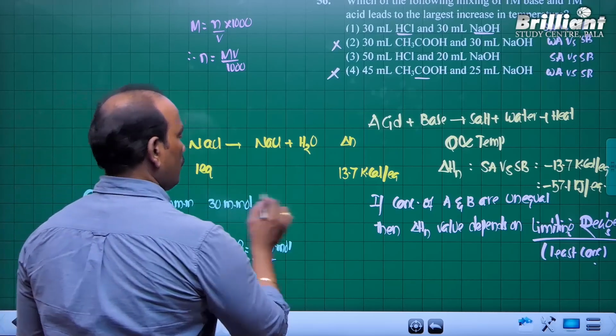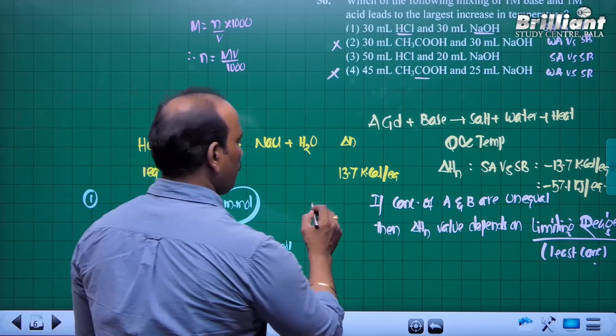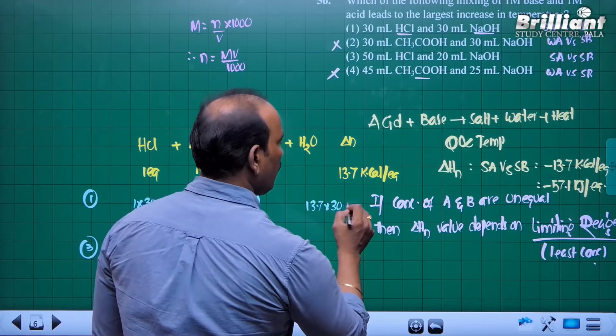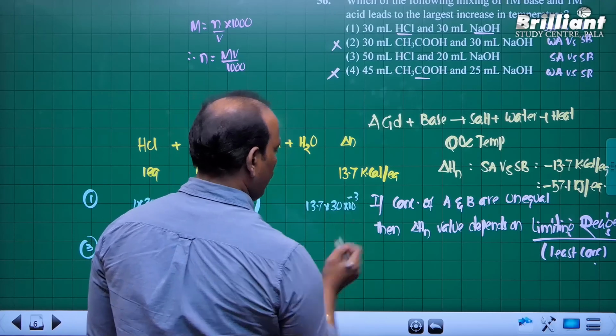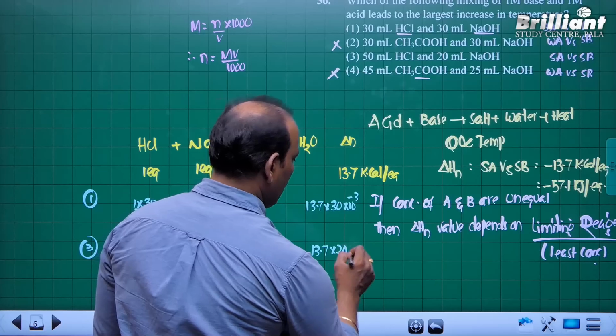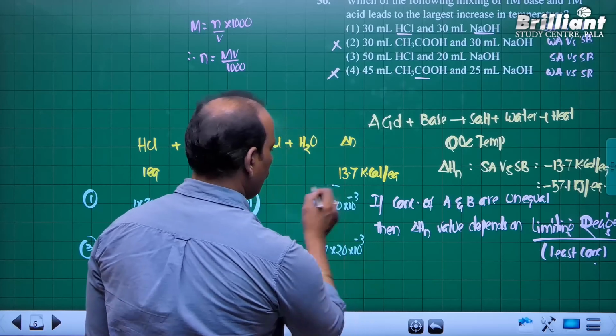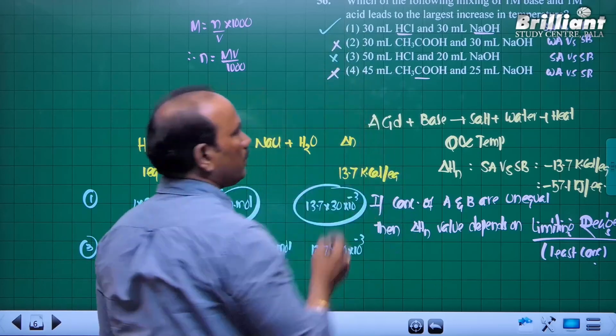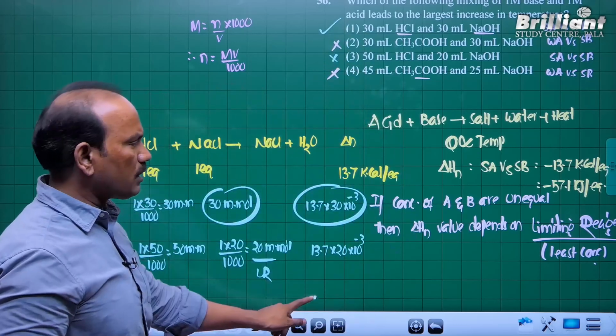So here this value is 13.7 into 30 millimoles into 10 power minus 3. Here 13.7 into 20 into 10 power minus 3. So this is the answer. Clear? No need to solve, I am just explaining for your clarity.